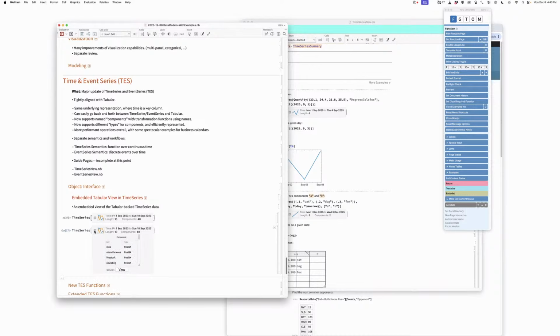Yeah, click there. If you click on that view, the button that says view, there is a transparency issue we know about, but this shows a tabular with the information that is inside the time series.